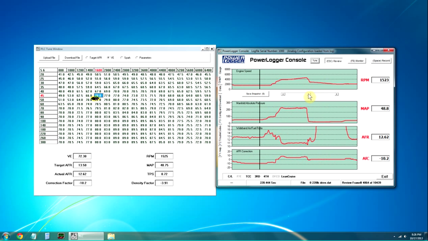If we move into this area here where I was at full throttle, we can see the correction here was up at 8%. Now, one thing to realize is that the correction doesn't always mean that right on that exact instant is where you need to make the changes to the VE table.